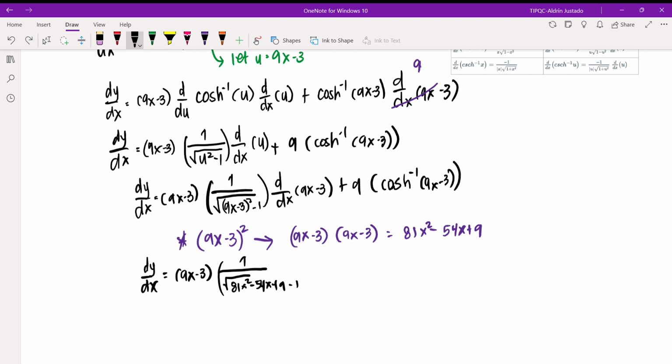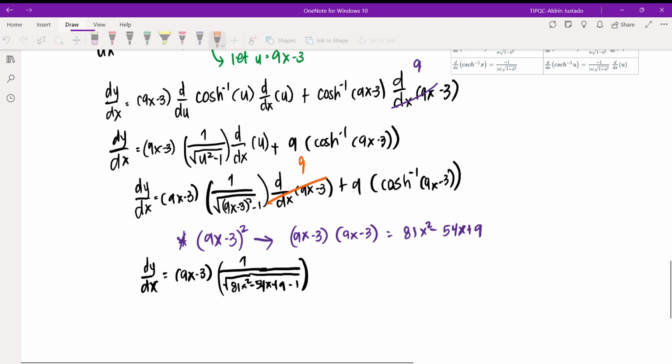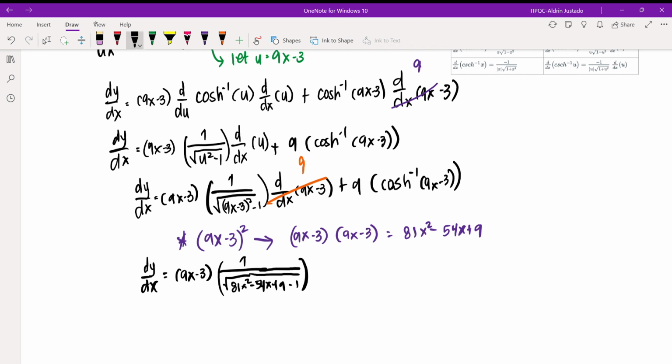Okay. And derivative of this is 9. Okay. Times 9 plus 9 inverse hyperbolic cosine of 9x minus 3. Okay?